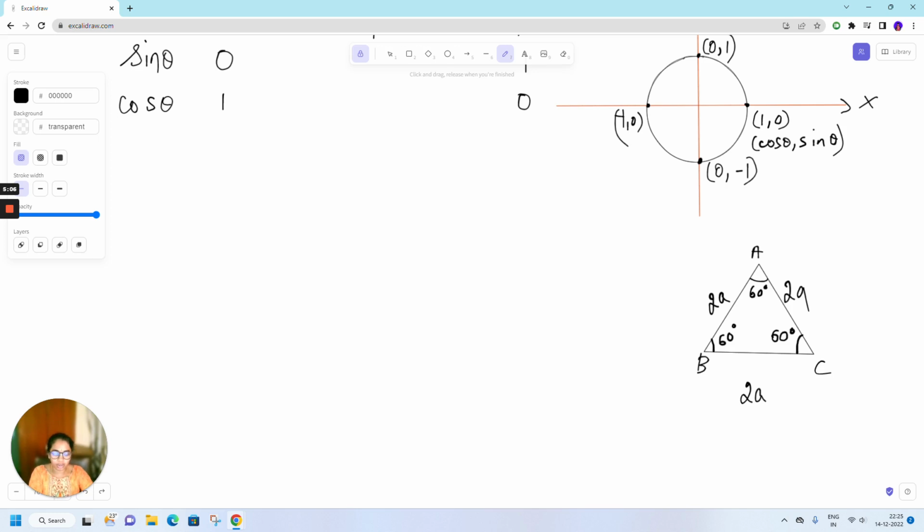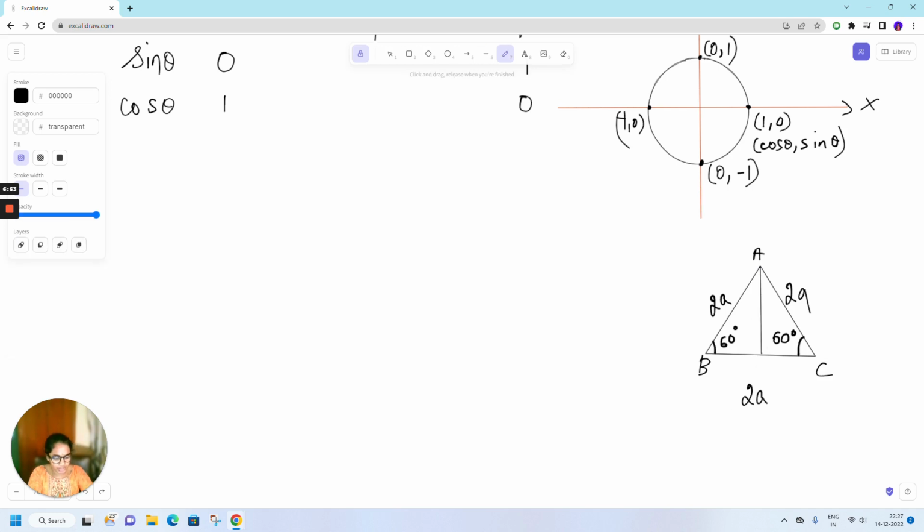Okay. Now, this is an equilateral triangle. We can apply trigonometric values only for a right angle triangle, right? So what I'll do is take something called a perpendicular bisector, or let me draw a line AD perpendicular to BC.